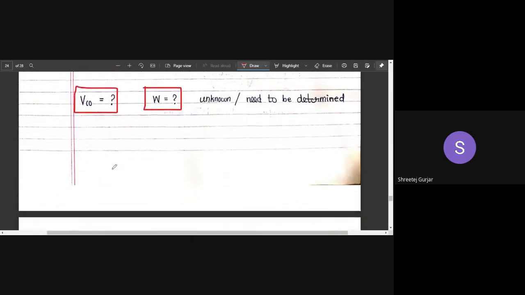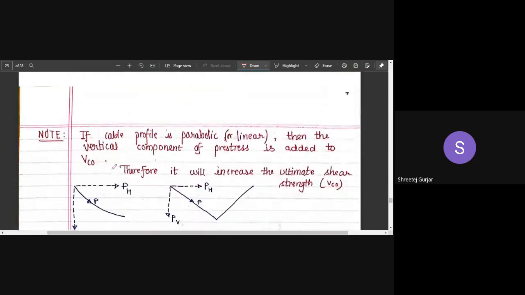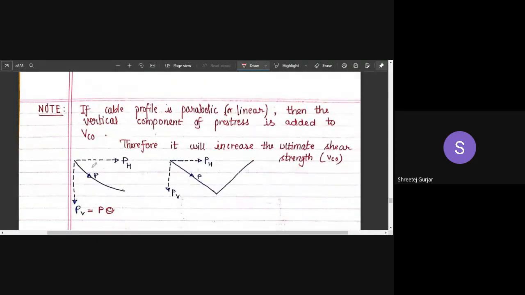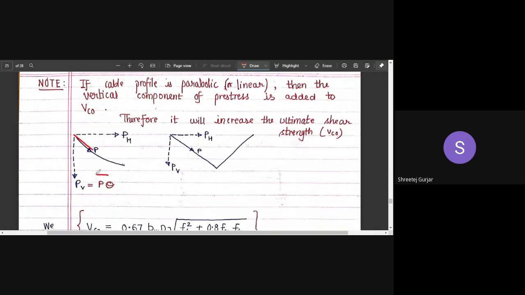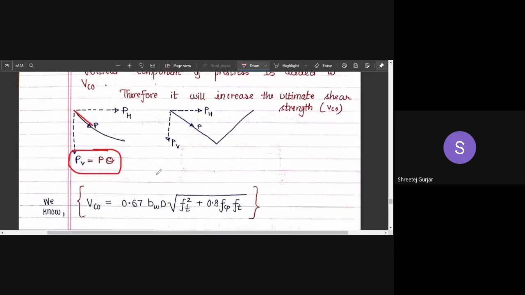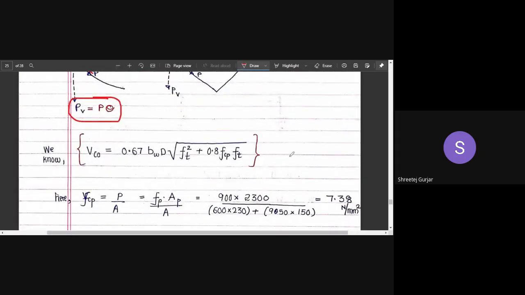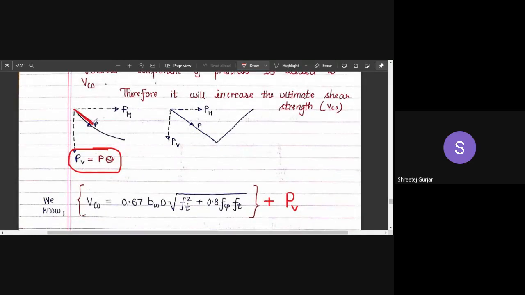Okay. So before we move on, as I've told you, whenever we have an inclined tendon, we need to add P theta. We need to add this vertical component to this particular formula. I hope you remember I had told you we have to add the vertical component if we have any inclined member. So to this particular formula VCO, we have to add PV, because it is an inclined tendon. It is a parabolic inclined tendon.